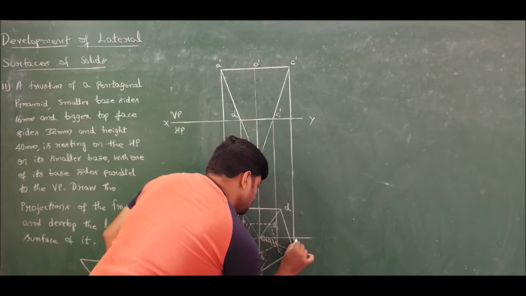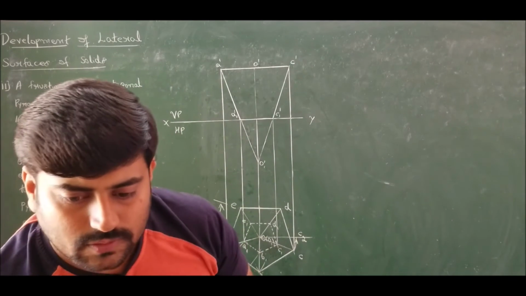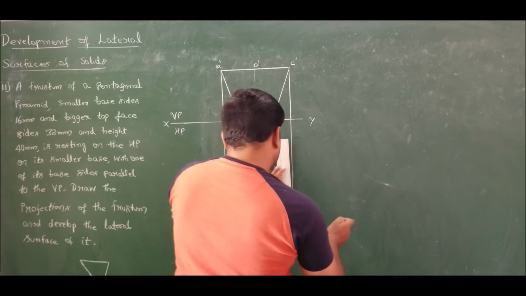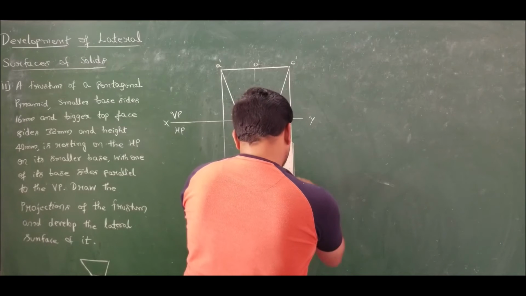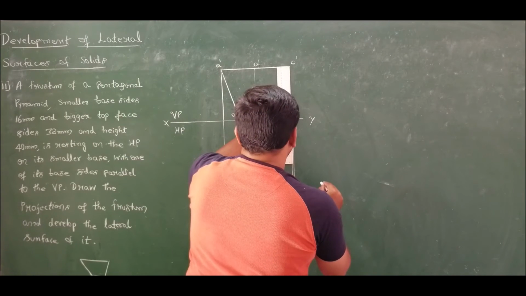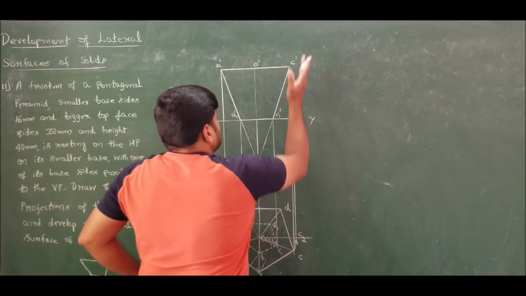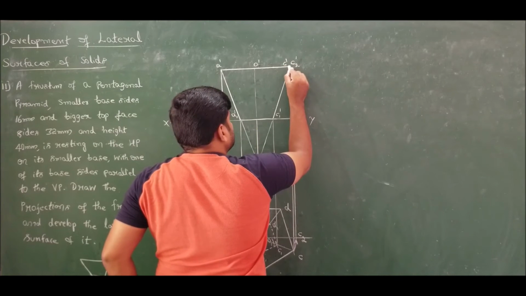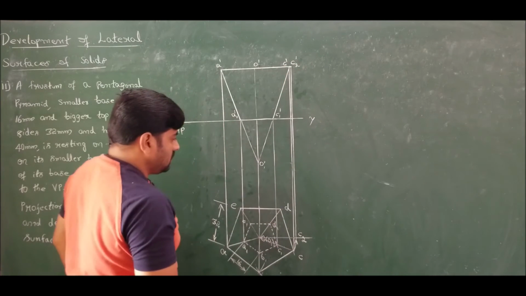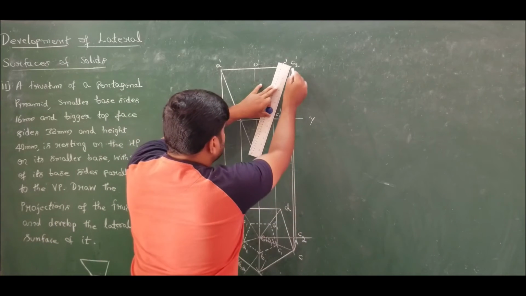I have made this one and call this point C2. Now connect C2 and extend it. So I will get C2 dash here and this will be C dash. So I got C2 dash. So C2 dash to O1 dash is the true slant edge for us. So connect it.